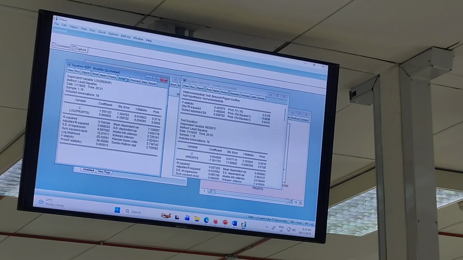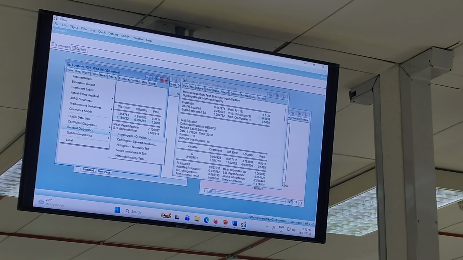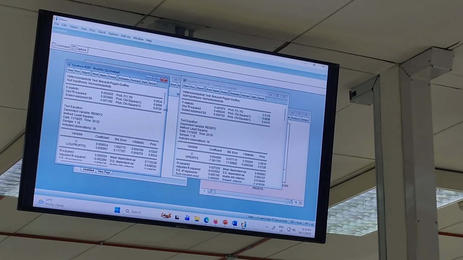So this one, can we conclude that log of profit has a significant influence on log of R&D? Perform a test. And okay, this one, very good. This one 0.9. So there is no heteroscedasticity using the double log model. Because the sample size is small, 18, don't use the robust error.